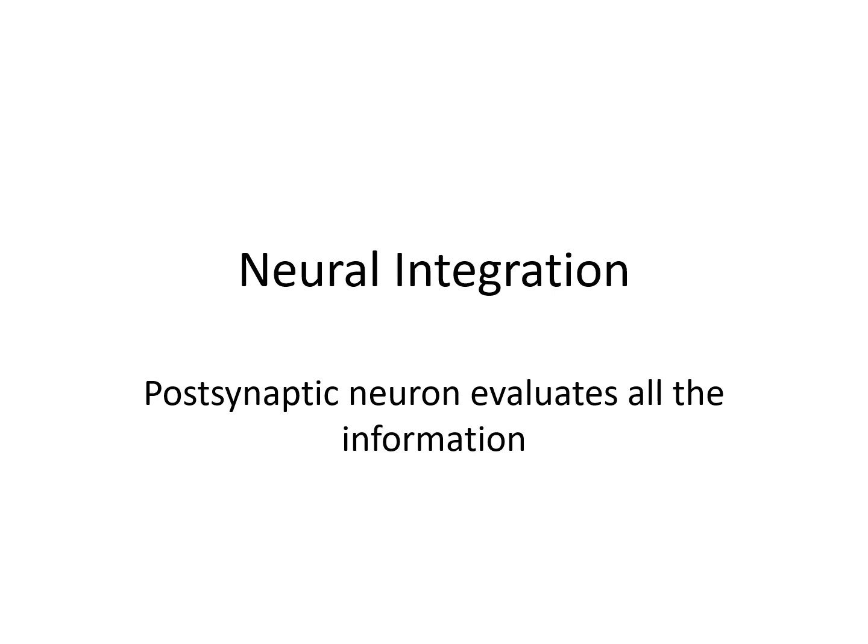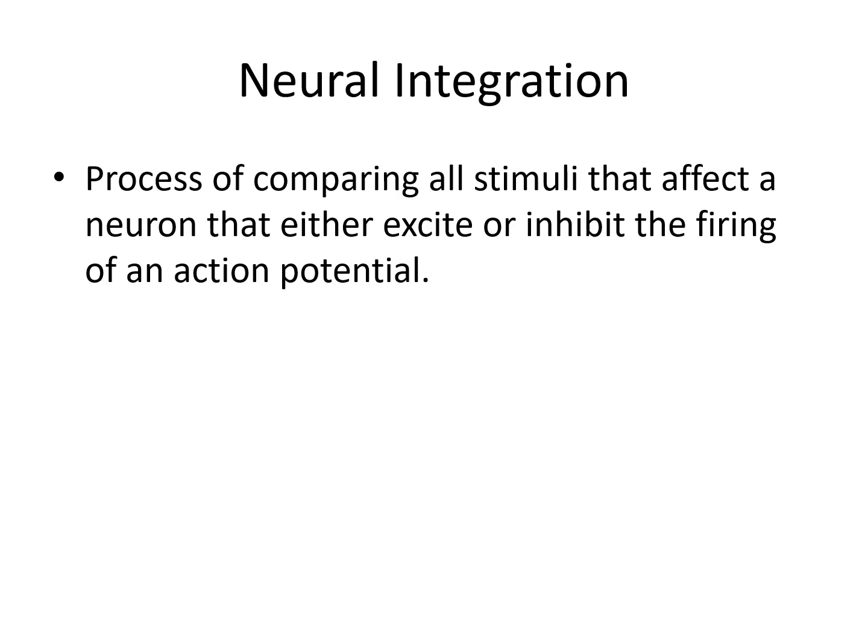So now we're all set up and we have all the tools and information to further describe neural integration. Neural integration is where the postsynaptic neuron evaluates all the information that it's receiving at the given moment, and it has to decide what to do. The nervous system is so malleable, or has so many variables, that there are a number of different ways to respond to this information from the presynaptic neurons.